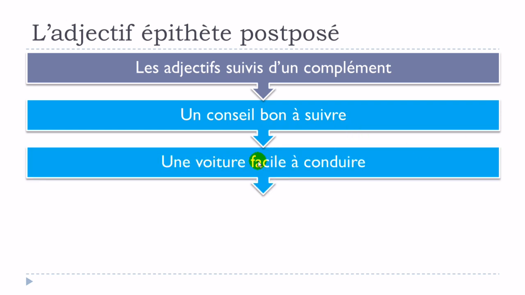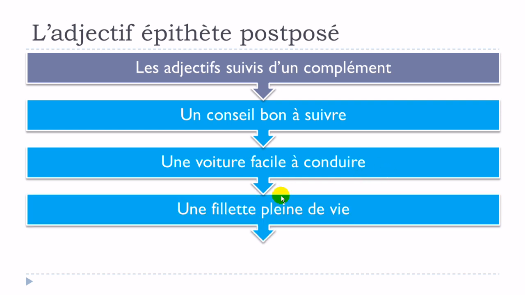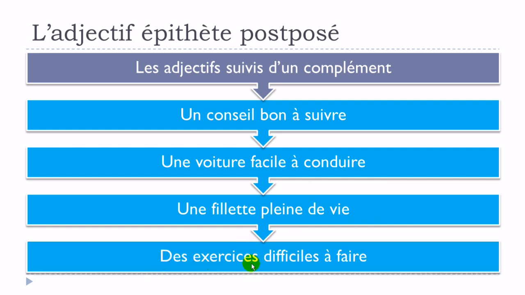Une voiture facile à conduire. Une fillette pleine de vie. Des exercices difficiles à faire. In all these cases you can see that the adjectives are introducing something more. You get a preposition, and after that a verb here, a substantive here, and a verb here as well.